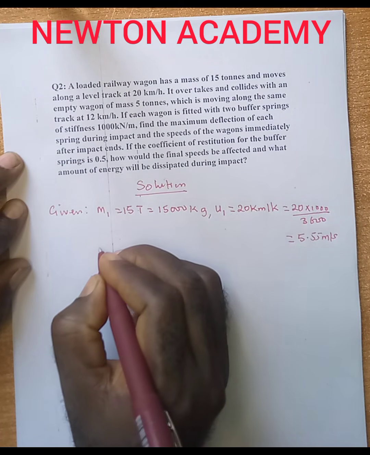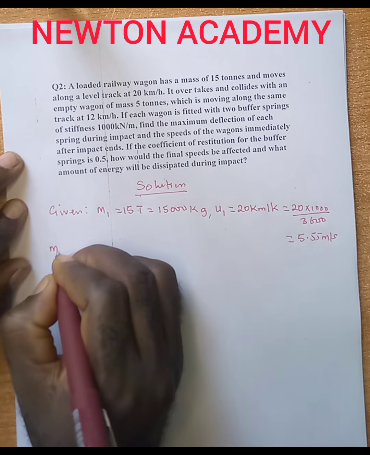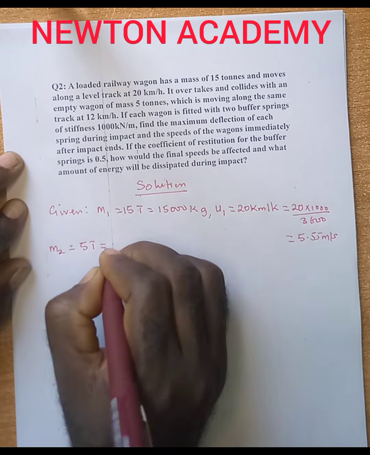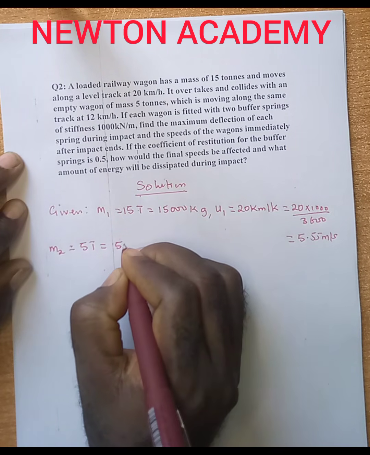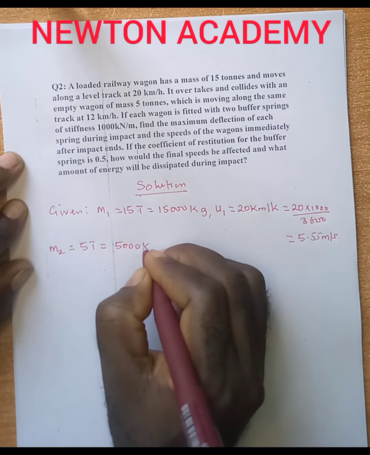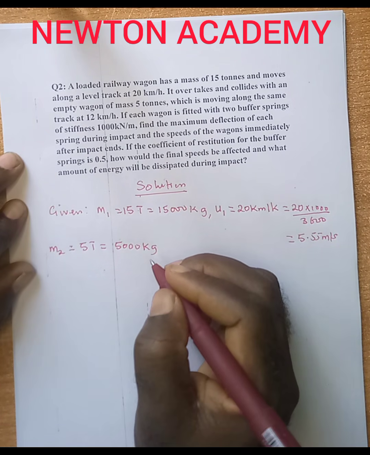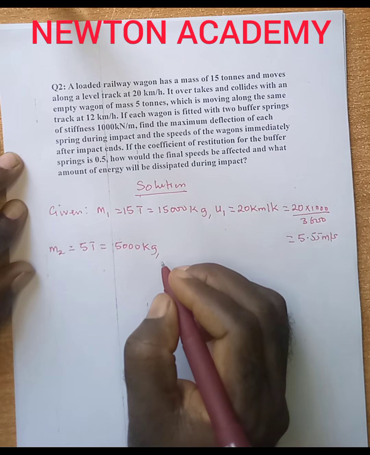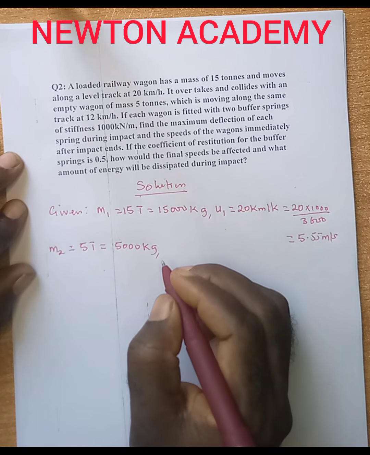Then we are given the mass of the empty wagon as 5 tons. Let's call that one M2, which is equal to 5 tons, which is equal to 5,000 kilograms. Then we're also given the initial speed of the empty wagon.